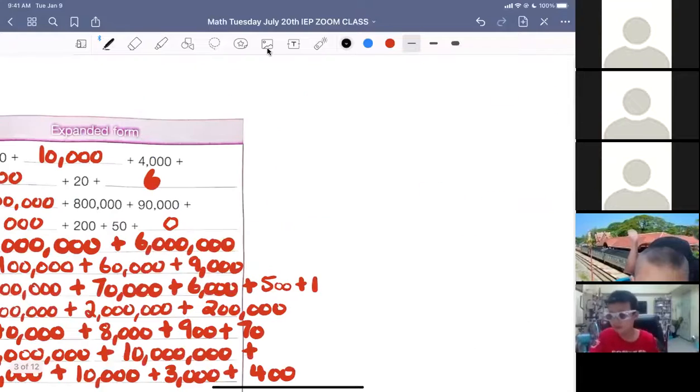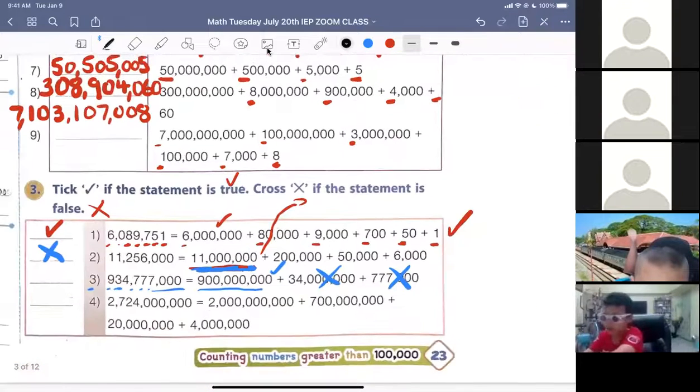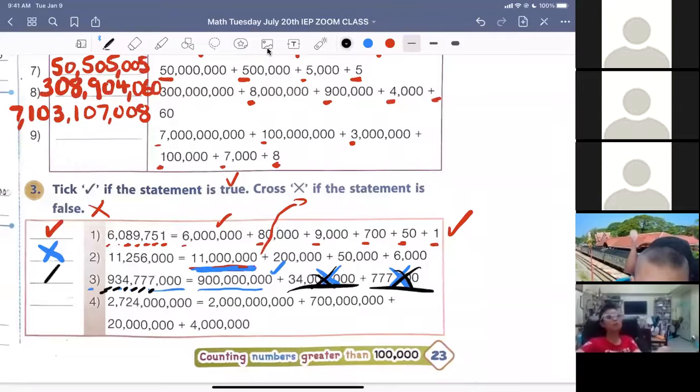All right, so this way is not correct. We have to write each number: 900 million, 30 million, 4 million, 700,000, 70,000, 7,000. So this one's wrong.